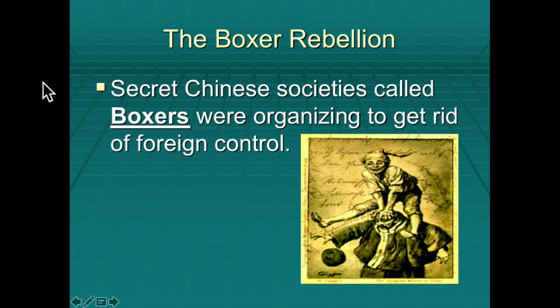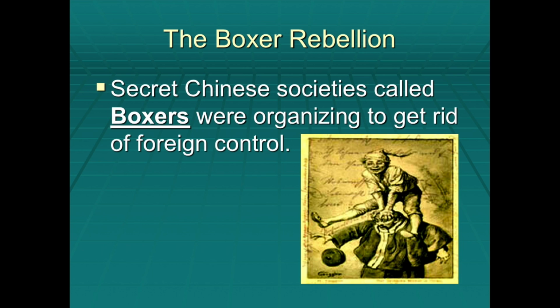Secret Chinese societies, sometimes called boxers, and if you recall from interviews of Bruce Lee, famed for his kung fu movies, Bruce Lee from China would call kung fu Chinese boxing. So basically, these boxers are literally boxers, a little bit like martial artists.